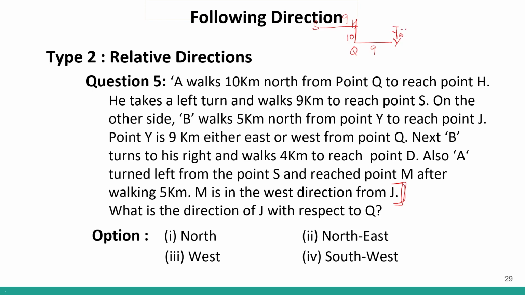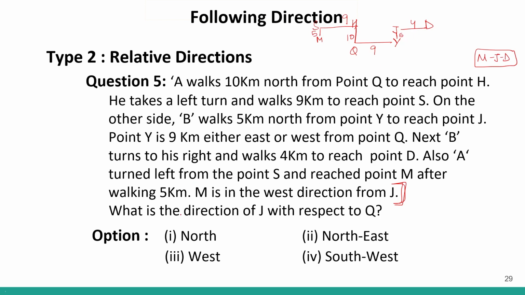Then he turns right and walks 4 kilometer to reach D, and he turns left, and after walking 5 kilometers he reaches point M. So point M and J and D are in the same line. These 3 points fall in the same line.